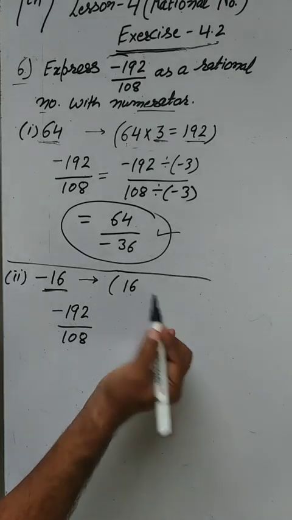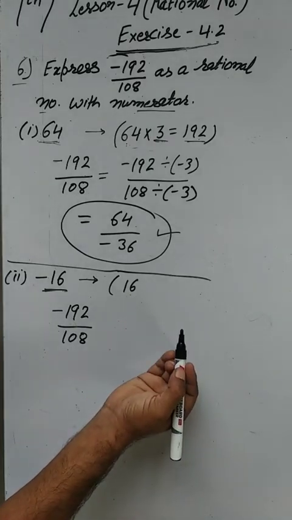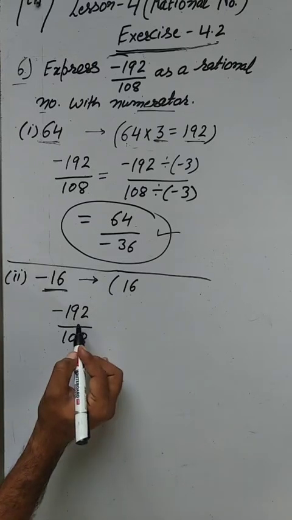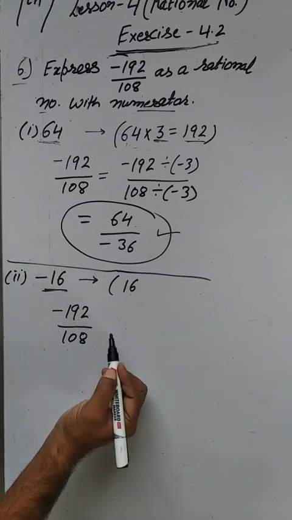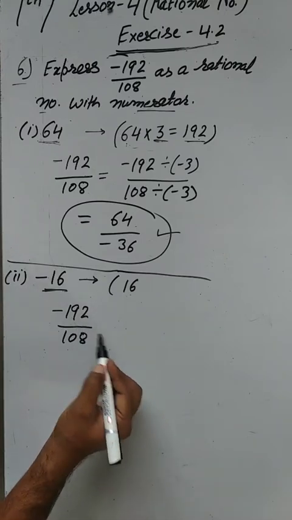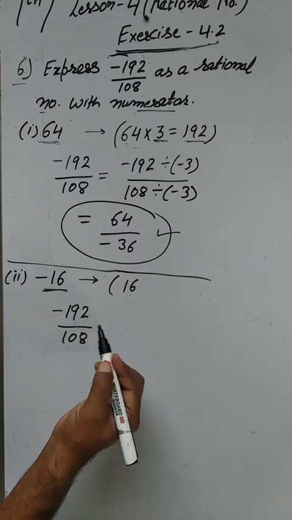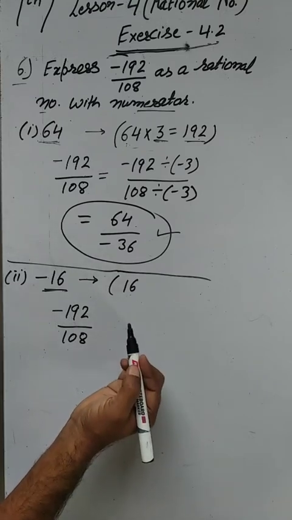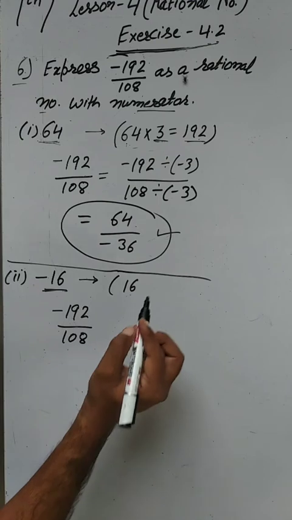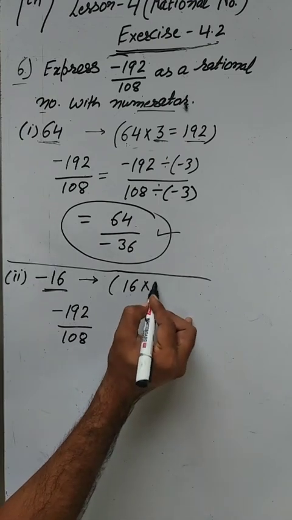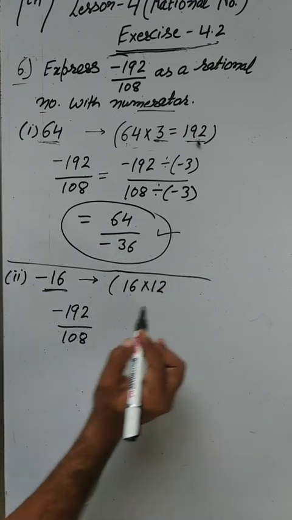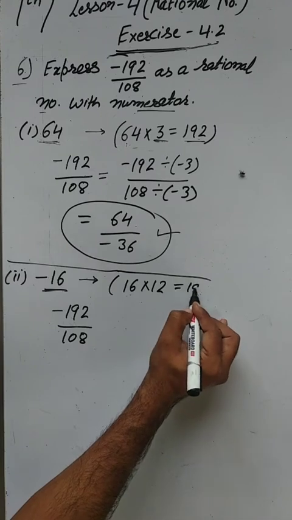Now 16 tens are 160. I want 192. That means the number must be greater than 10. So if I multiply 16 with 12, it will be 192.